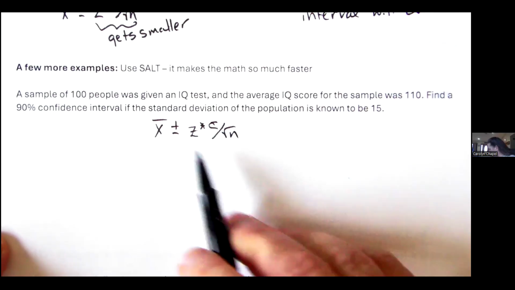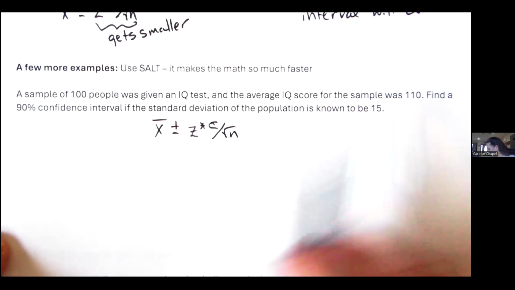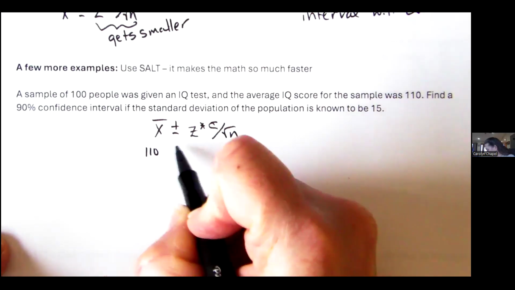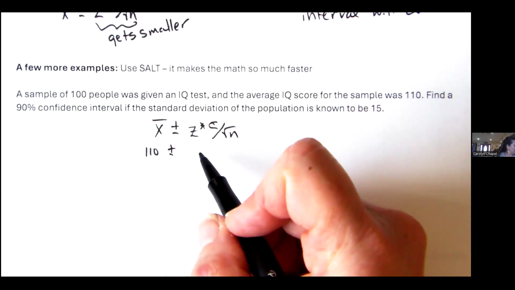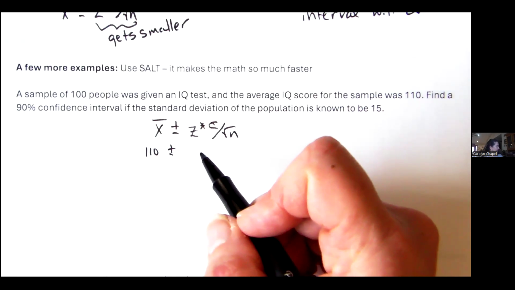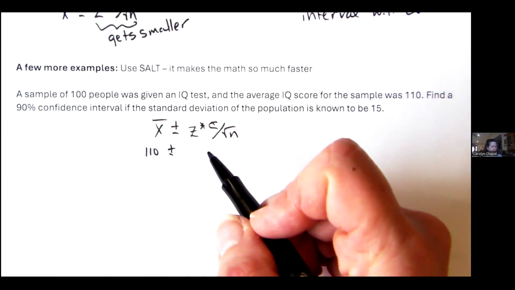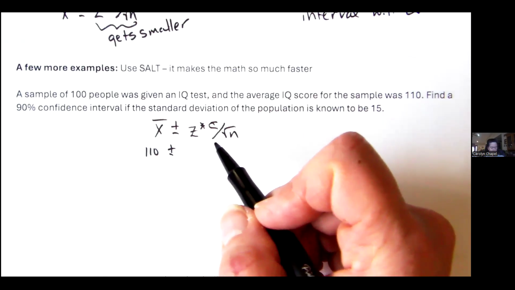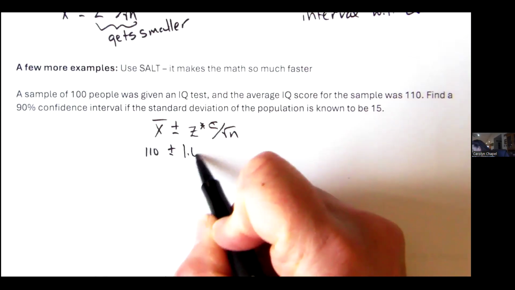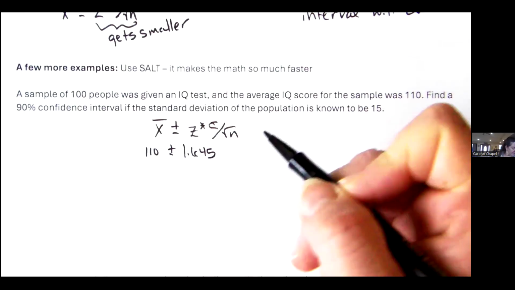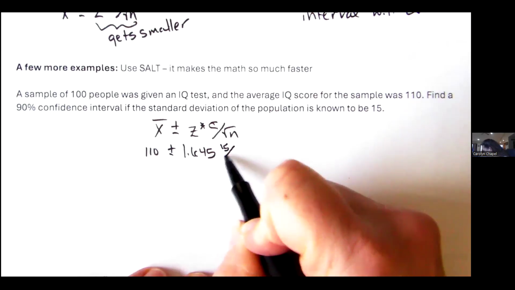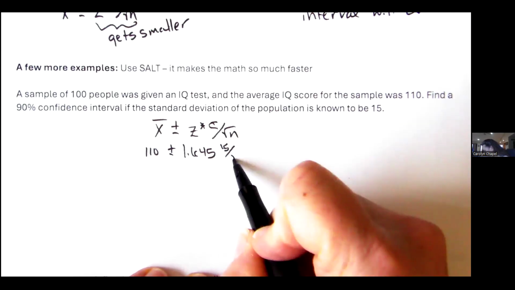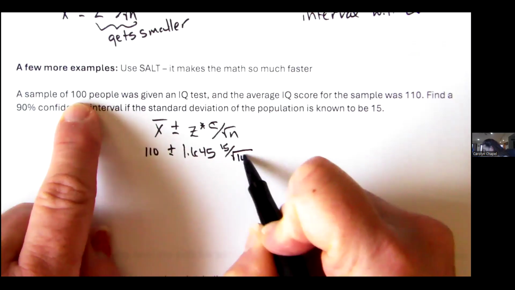My X bar, that's the sample mean, that's 110, plus or minus my Z star for 90%. We'd have to remember that, gotta look it back up again. Don't have these memorized, 1.645. And my sigma was 15, square root of n, and we had 100 people.